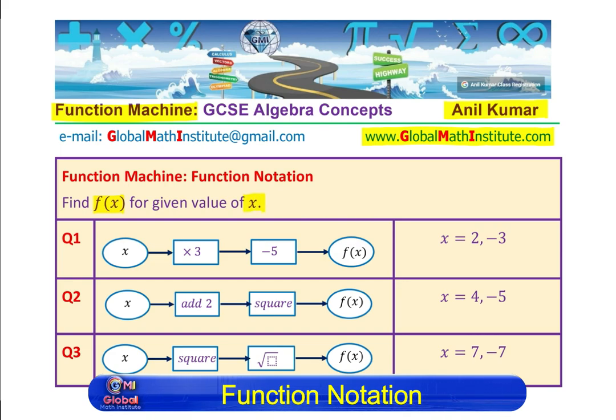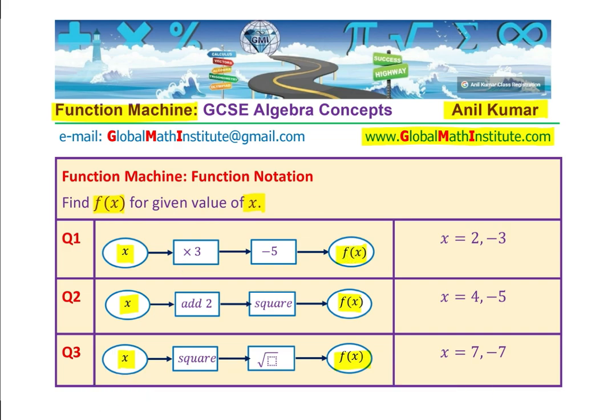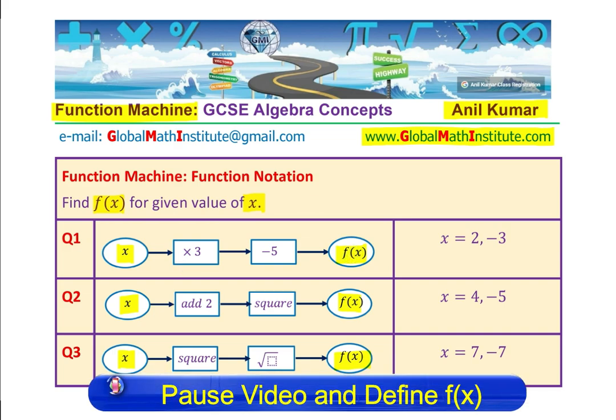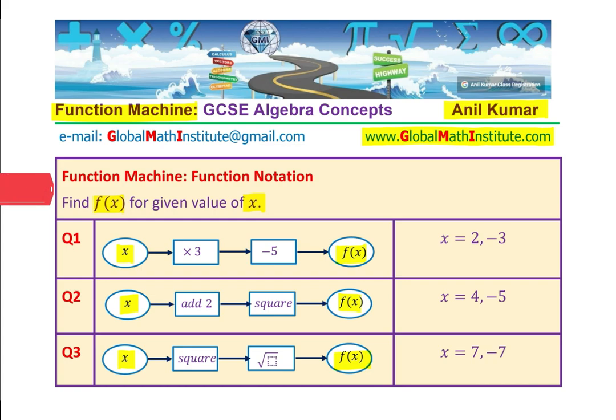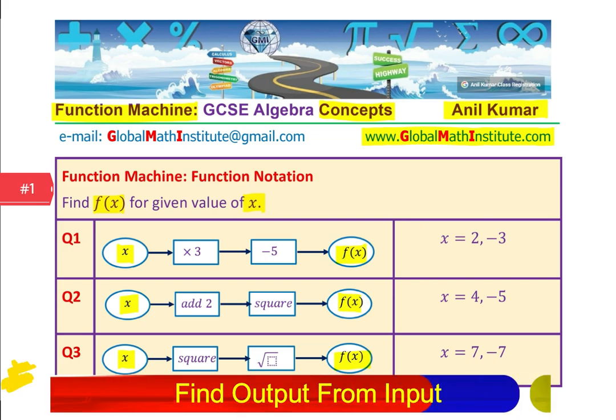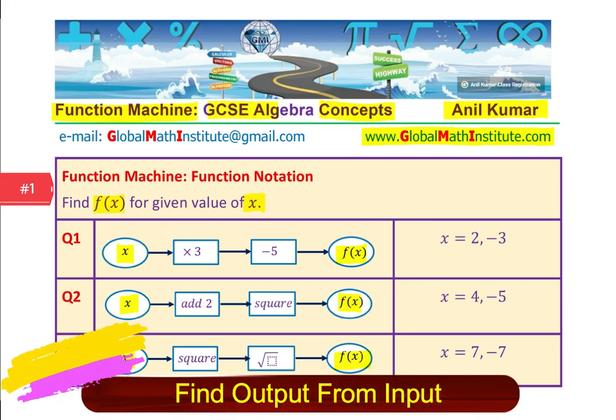As you can see in the three questions, x is shown as the input and f of x is shown as the output. When we relate them, we normally get an equation which is y equals to something. Instead of y, we write f of x, and that is function notation. So here are three basic questions which will help us understand the concept on this important topic of GCSE Algebra.